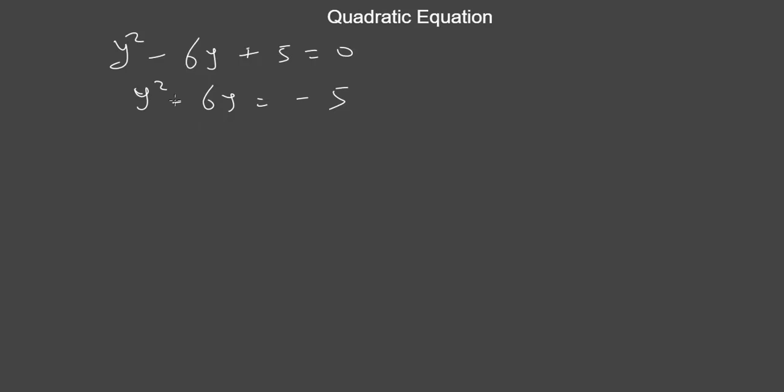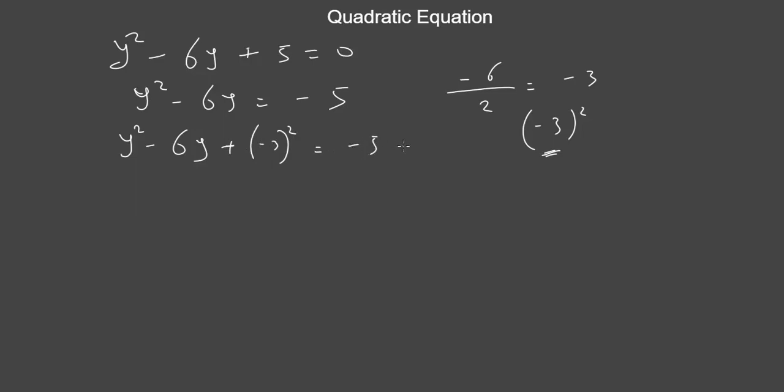Now that we have this, just take this minus 6, divide it by 2. That gives you minus 3, right? Then square that value. This is what you add to both sides. Whatever you have here, divide by 2 and square it. When you do that, that will give you y squared minus 6y plus minus 3 squared equals minus 5 plus minus 3 squared.